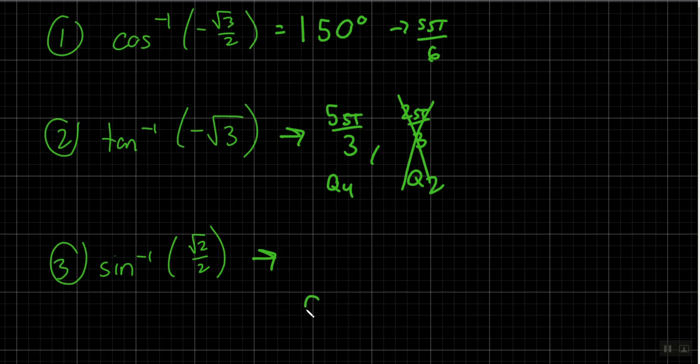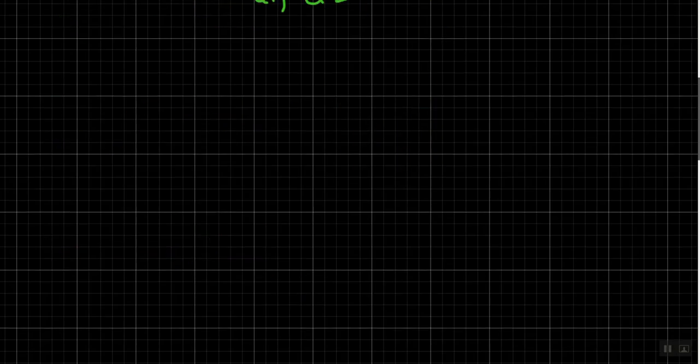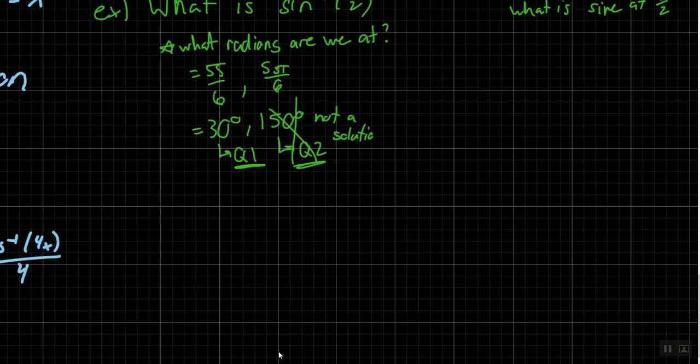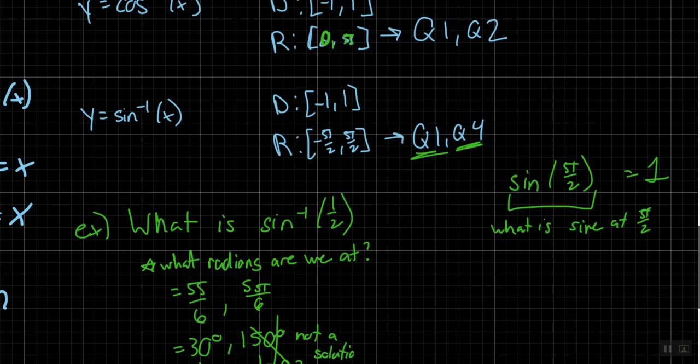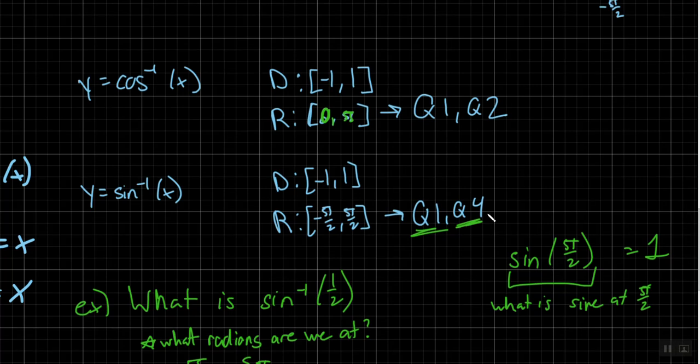We should have been in quadrant, maybe quadrant 1 or quadrant 2. Which ones are we in? It's not quadrant 2. It's quadrant 4 with sine. We're looking at sine. Quadrant 2 is a no. Sine should be quadrant 1 and quadrant 4.